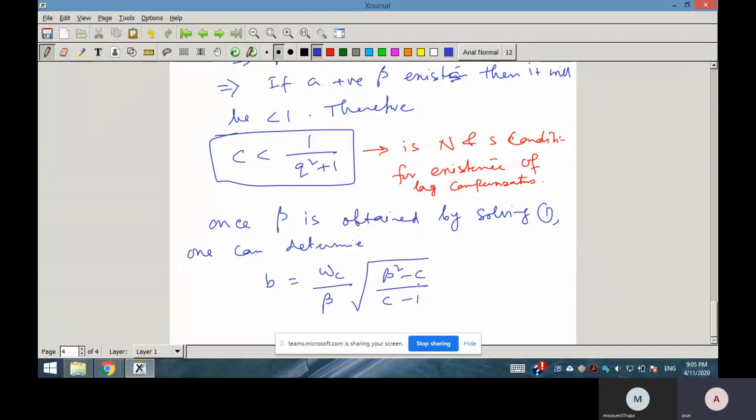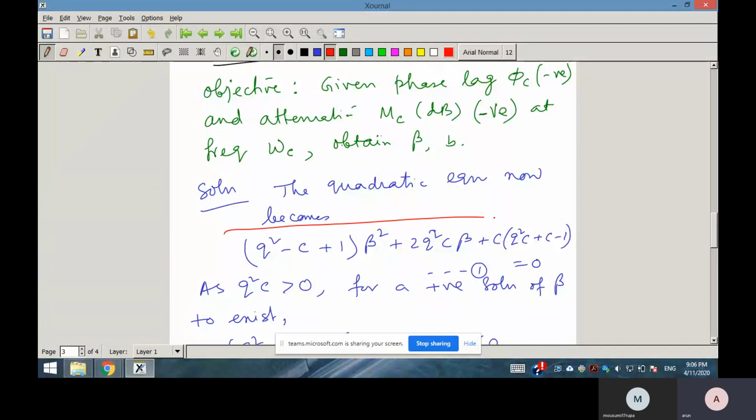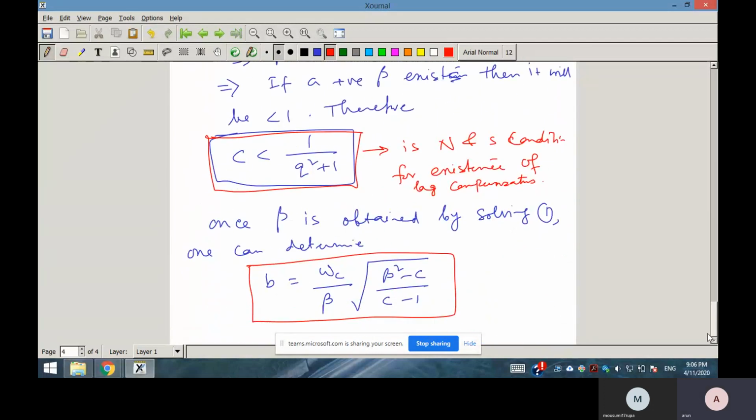In the lead compensator, what was A is B here, and alpha is beta. So that is the difference. These three equations are important for the lag compensator.